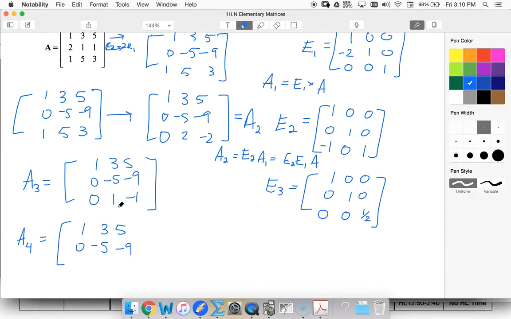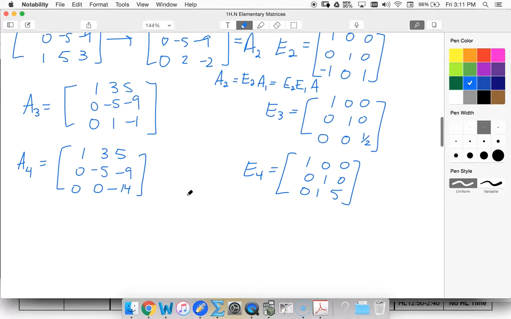If I multiply this by 5, 0, 0, so I'm multiplying by 5 and adding it together, negative 14. So to get that, 1, 0, 0, 0, 1, 0, and now I multiplied row 3 by 5 and added it to row 2, 0, 1, 5.